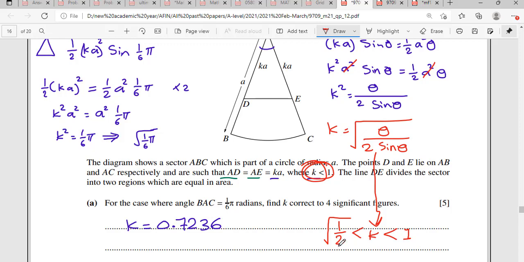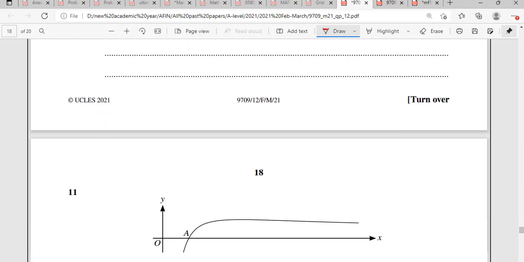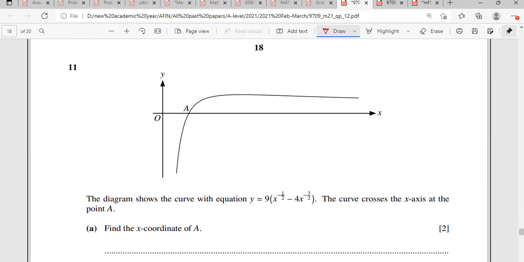We can also write this as square root of 1 is 1, square root of 2 will be decimal. We can write it as 1 over square root of 2 less than k, and it's less than 1. Okay, we did the general case and see the last question.